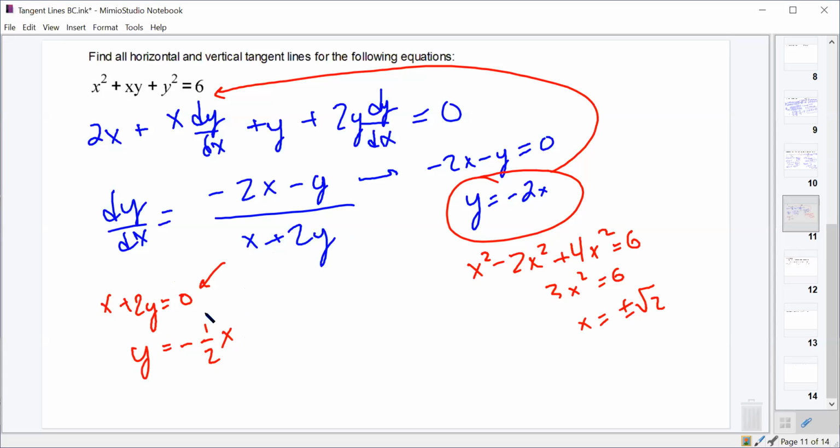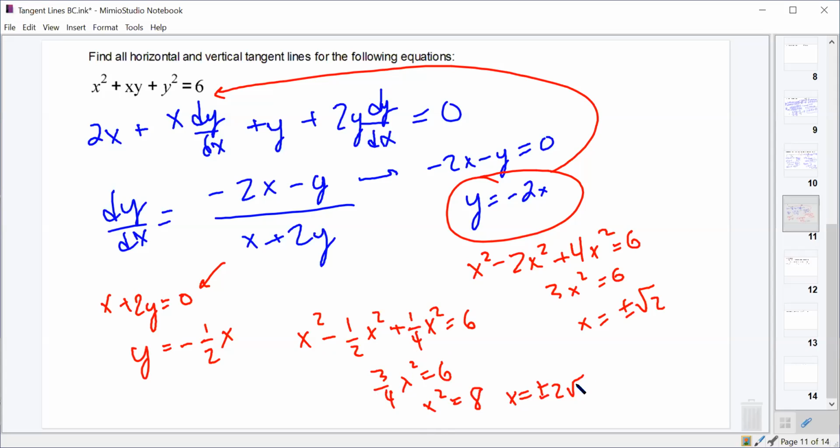So we'll plug that in up here to give us x squared, and then minus 1/2 x squared, and then plus 1/4 x squared equals 6. And simplifying that down, we got a 1/2 x squared plus a 3/4 x squared, right? Equals 6, or x squared equals 8, or x equals plus or minus 2 root 2.